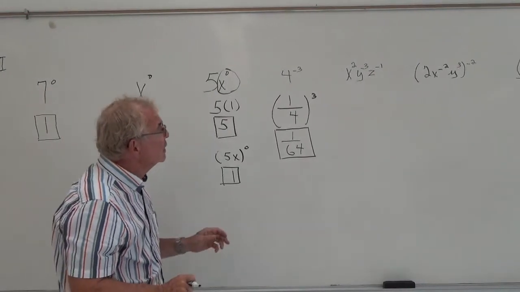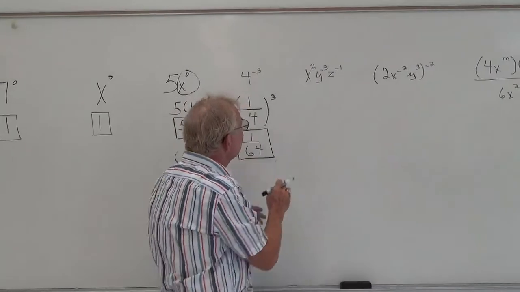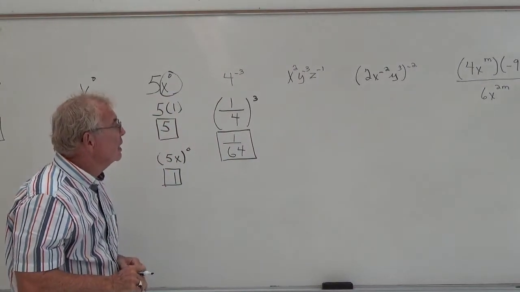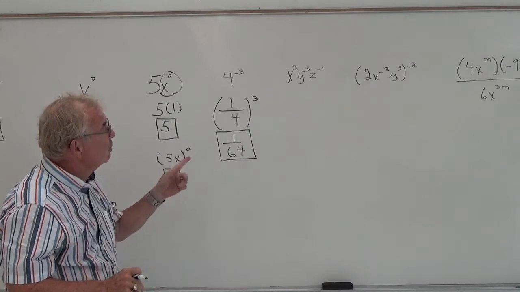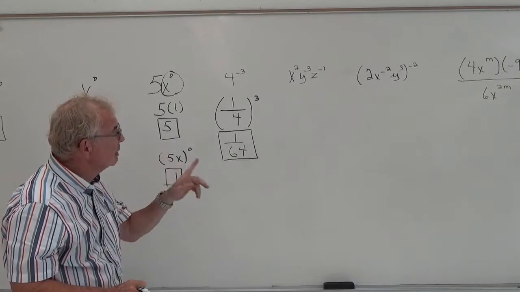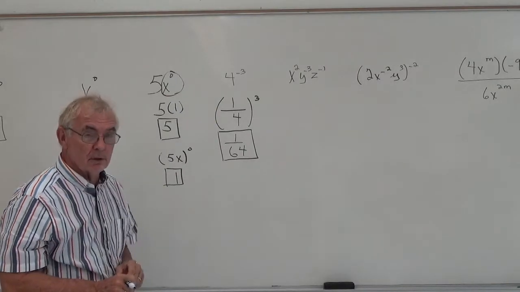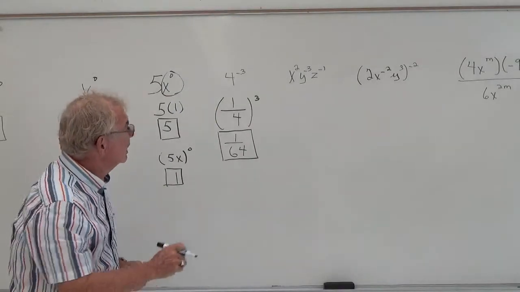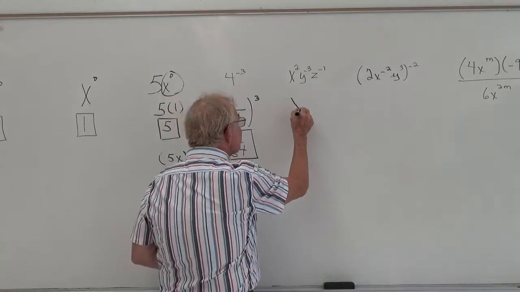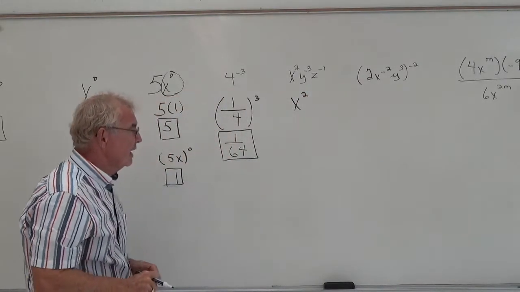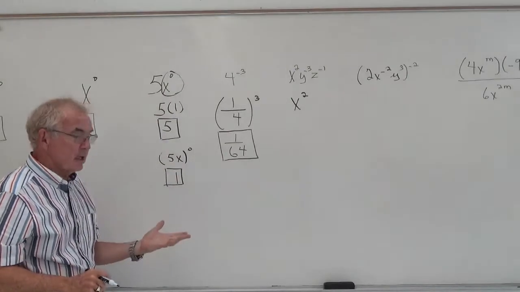Okay? All right, introducing variables with negative exponents. So if you were to see this problem, most rules in mathematics will say answer without negative exponents. So you'll see a negative exponent on the y, and you'll see a negative exponent on the z. But you see a positive exponent on the x. So the x stays where it is. But a negative exponent, I call it like an escalator. If it's up, you take it down.